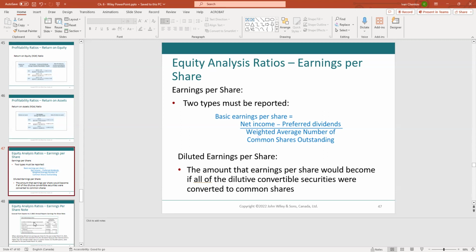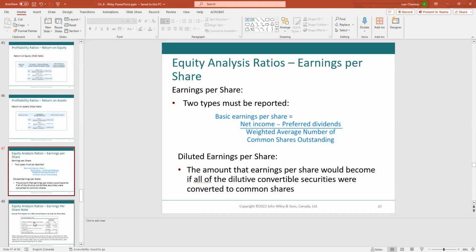The basic earnings per share is the net income of the company minus the dividend that we have to pay to the preferred shareholders, divided by the weighted average number of common shares outstanding. That number is a little bit tricky to calculate, but we're not going to spend time on it. But that's how you get the basic earnings per share.